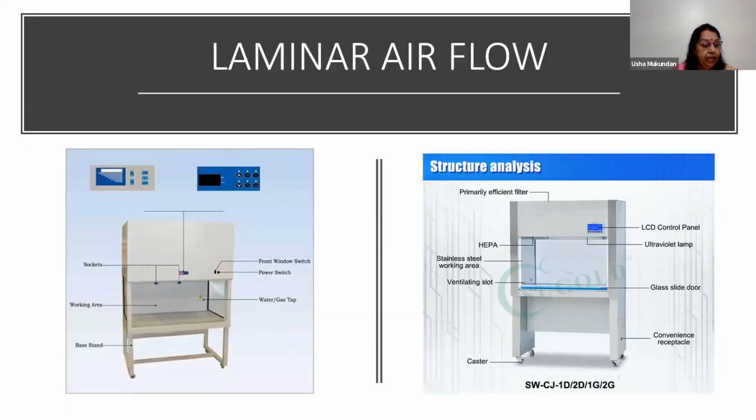This transfer area is also very important: a laminar airflow. Laminar airflows are of two types. They can be either vertical or horizontal, depending on the direction of airflow. The filter which is used in a laminar airflow is known as a HEPA filter, high efficiency particulate air.